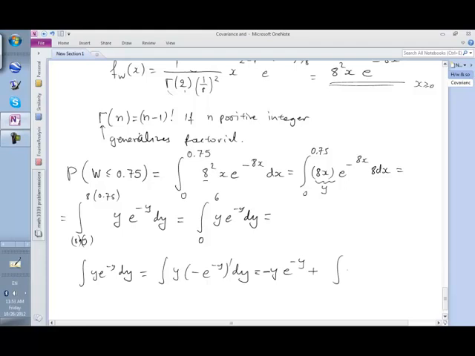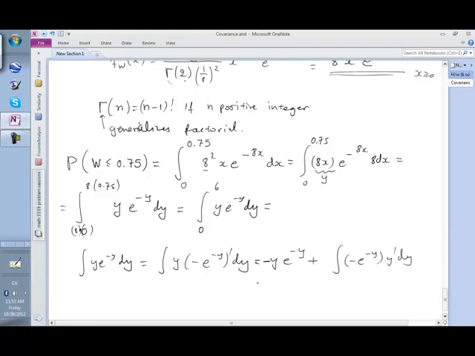y plus negative e to the negative y prime dy, and all this gives negative y minus 1 times e to the negative y.